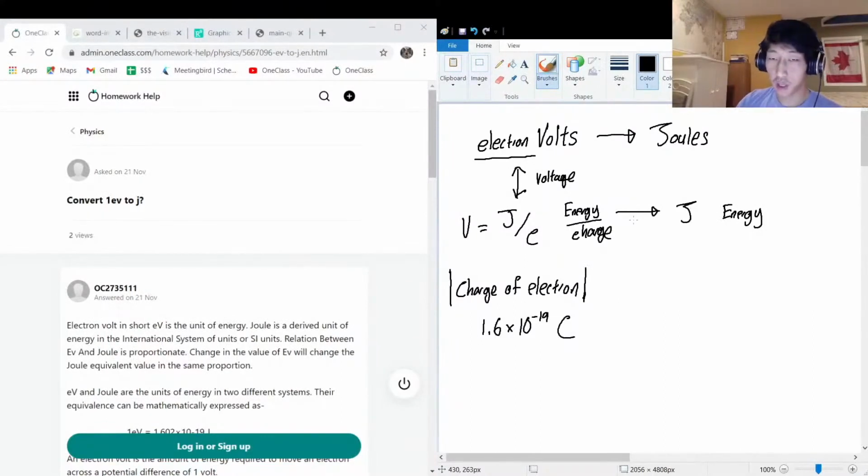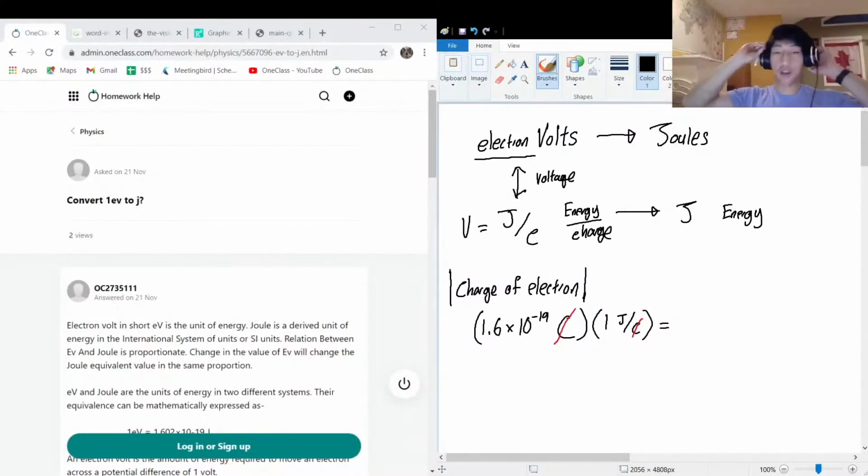So if we multiply this by 1 joule per coulomb, you see how the coulomb on the bottom neutralizes the coulomb up there on the units. So the only unit left here would be joules.